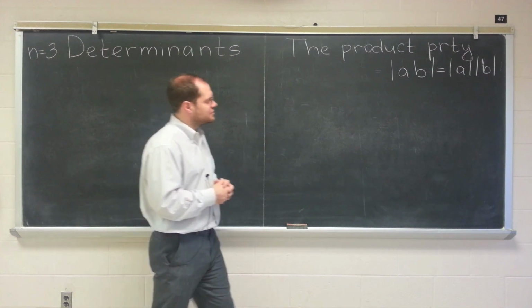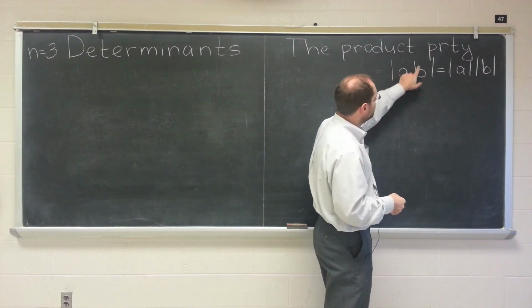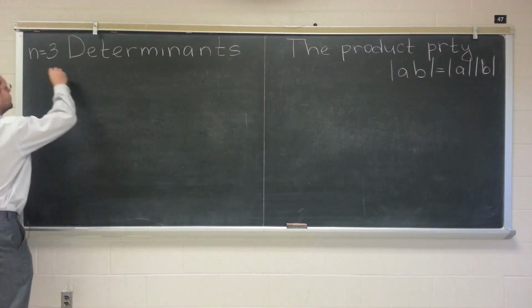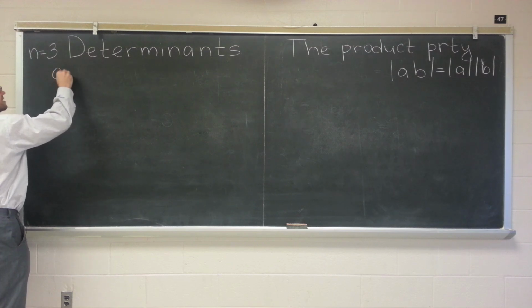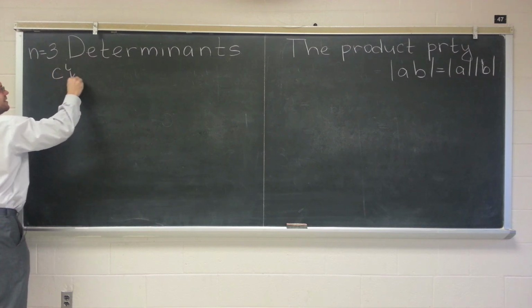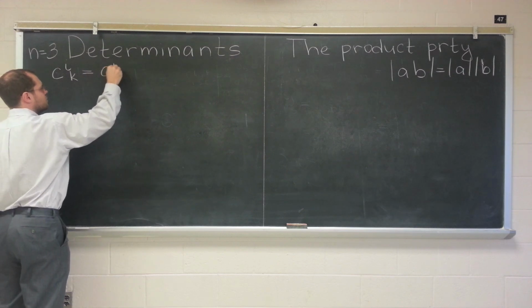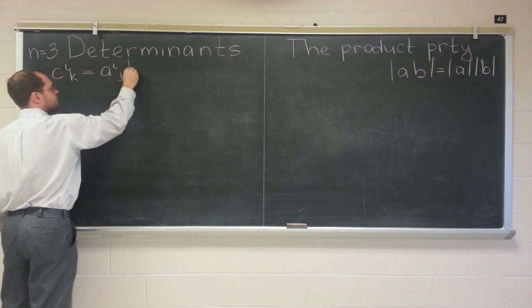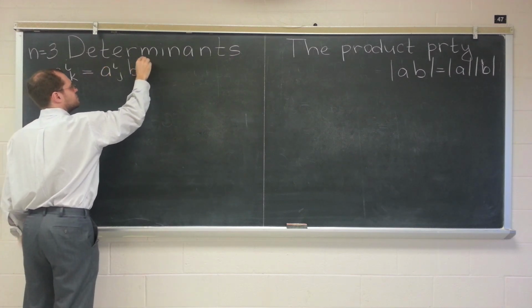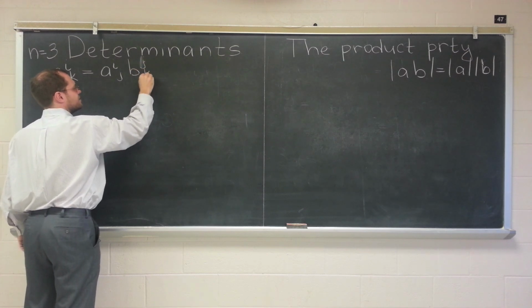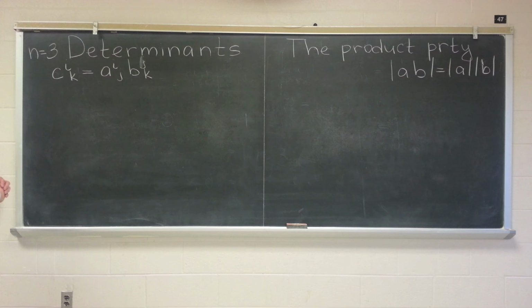So for convenience, we'll just consider both of these as having one upper, one lower index. So what we have is this. C^i_k, that's the product. It's the matrix product, quote unquote, of A^i_j and B^j_k. This is the tensor way of saying that C equals AB.